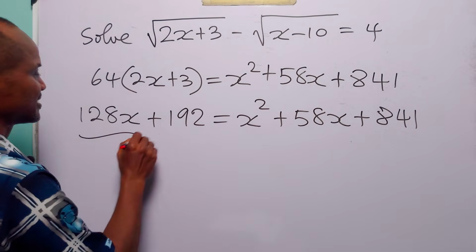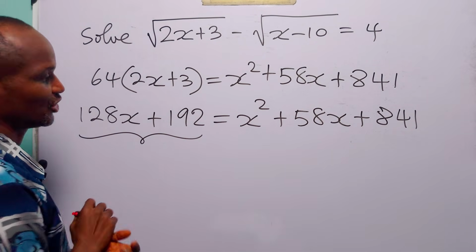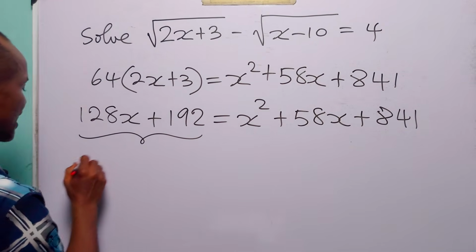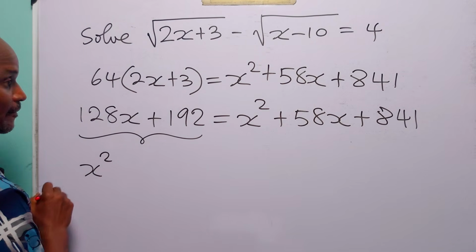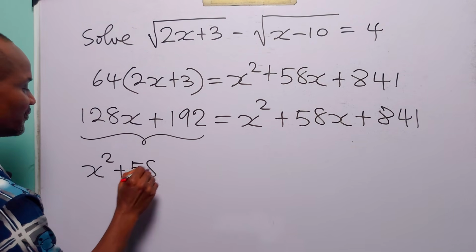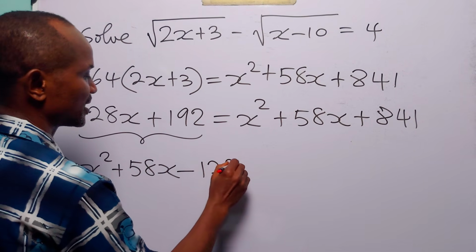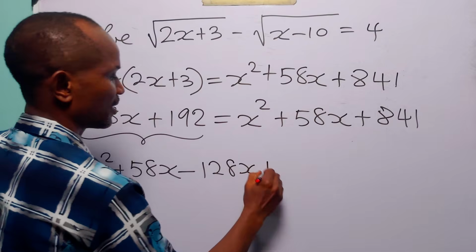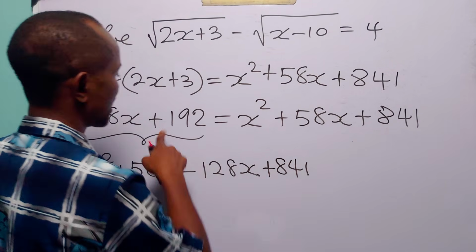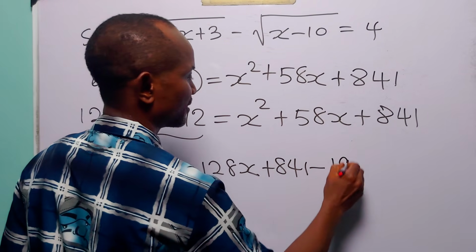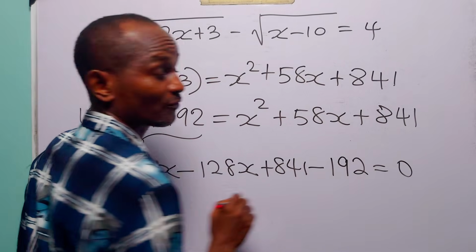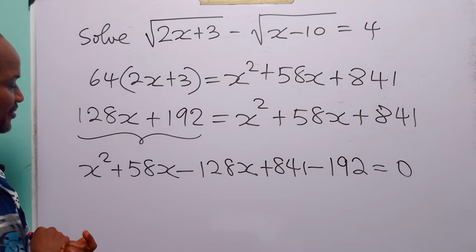Now, let us move these two terms over to the other side. When we do that, we have x squared plus 58x minus 128x plus 841 minus 192. And of course, this is equal to 0.